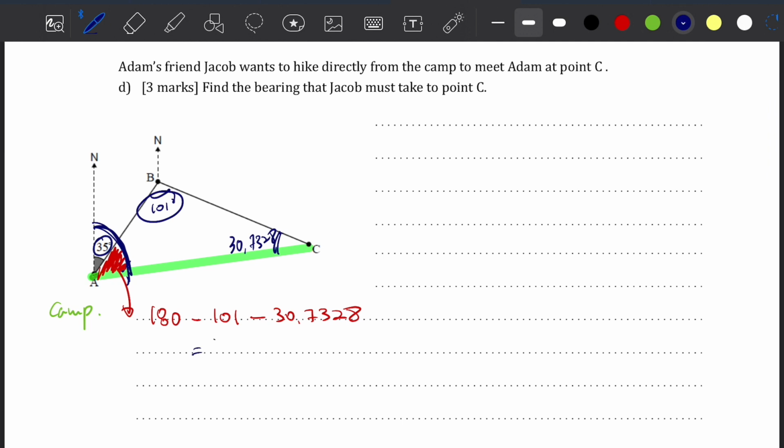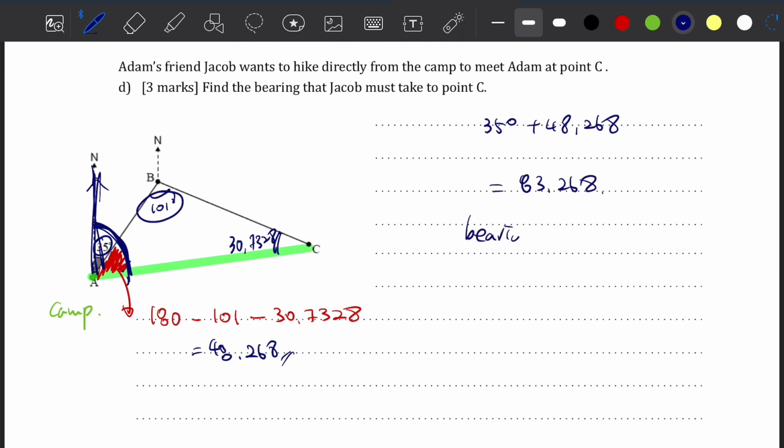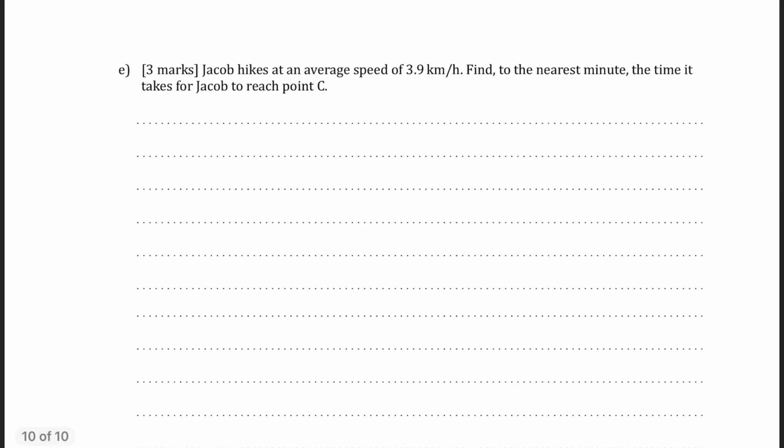Then we get 48.268. That means the angle that Jacob needs to take from the true north line to go from the camp to meet Adam at point C is 35 degrees plus 48.268, so it is 83.268. So the bearing is 83.3 degrees.